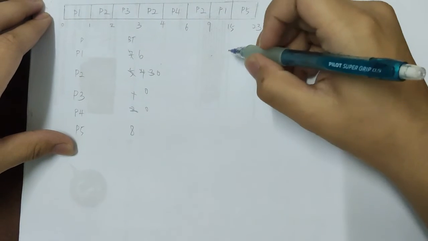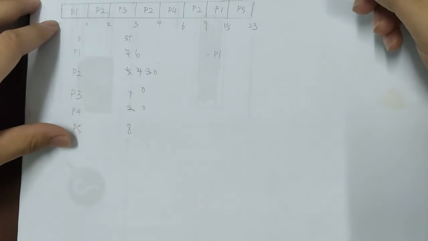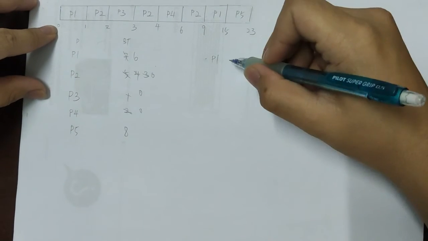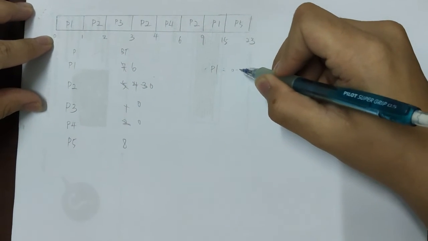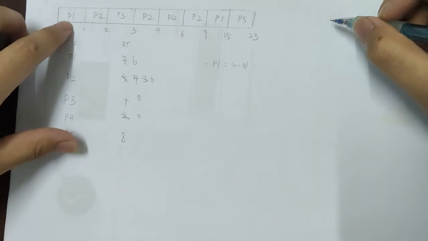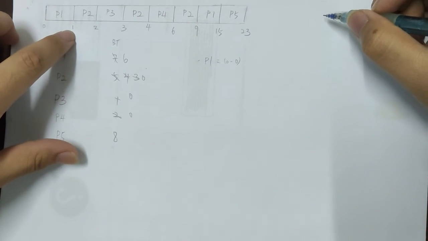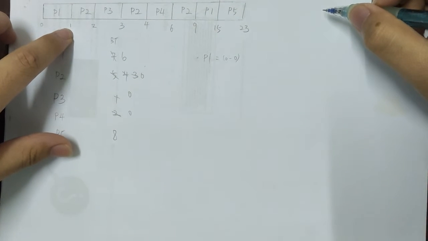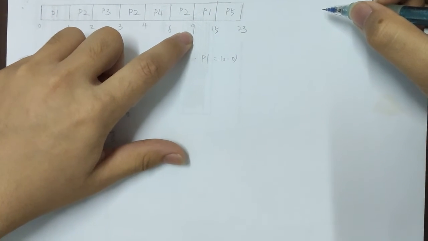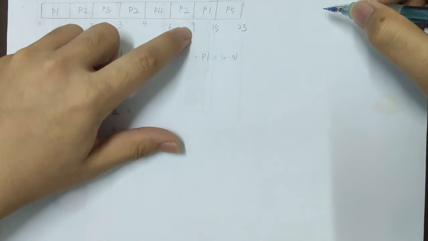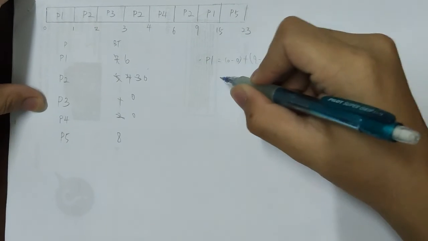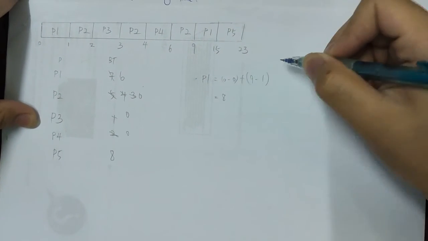Process 1 has arrival time 0 and its beginning is also 0, so that part is 0. It is interrupted at 1 millisecond, and it begins again at 9 milliseconds. So 9 minus 1 becomes 8. So its waiting time is 8 milliseconds.